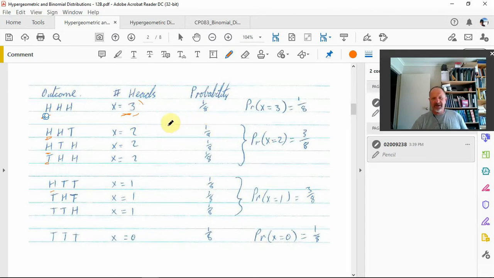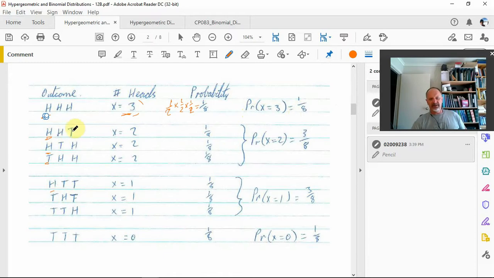Well, the probability of getting a head, and a head, and a head: the probability of a head is a half, and another one, probability is a half. So it's a probability of 1/8. And writing it in this form, probability that x is 3. In other words, the probability you get 3 heads is 1/8.